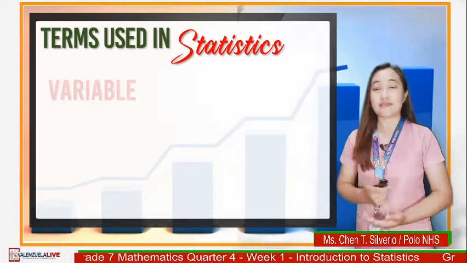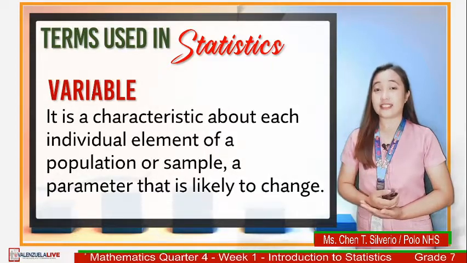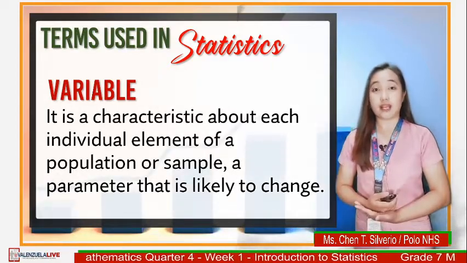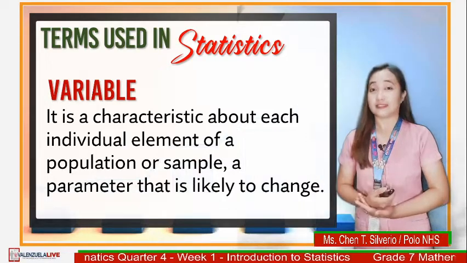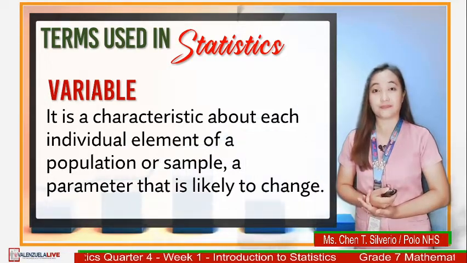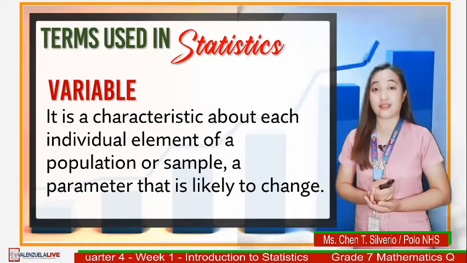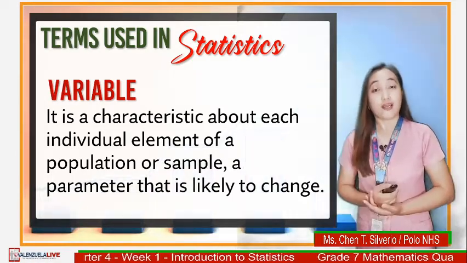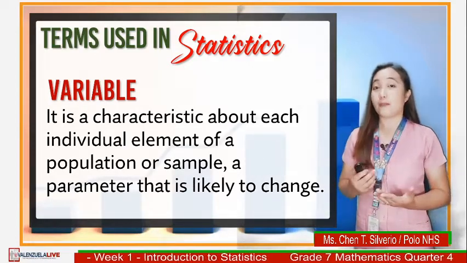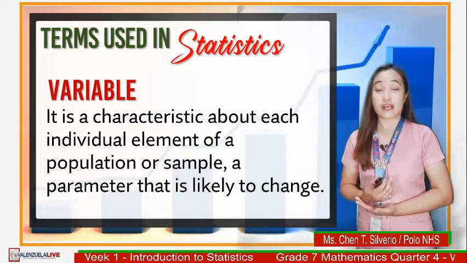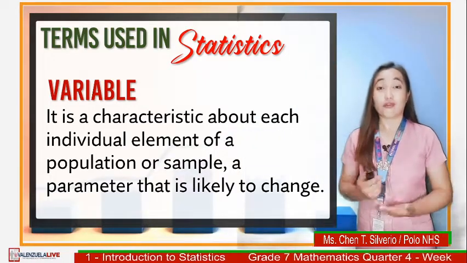Our next term is the variable. It is a characteristic about each individual element of a population or sample, a parameter that is likely to change. In statistics, these are what we are studying. It can be measurable, countable, or categorized. When we talk about how people can have different height, weight, hair color, those are all variables.